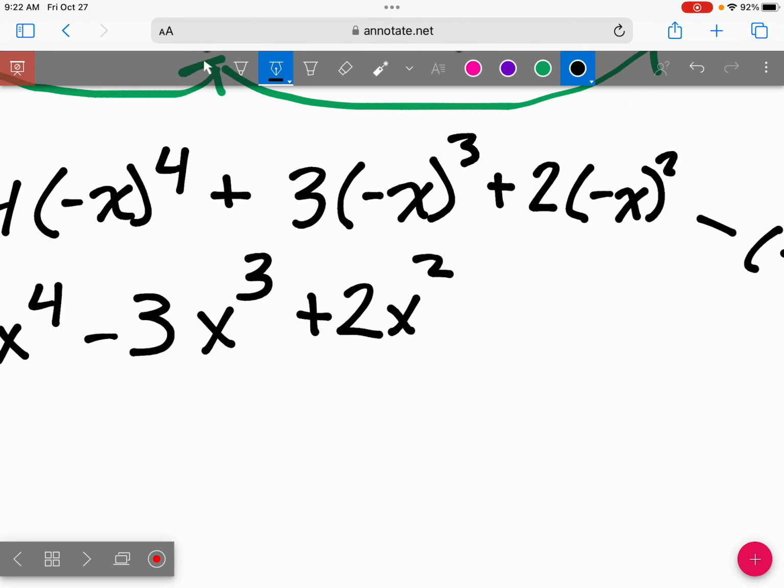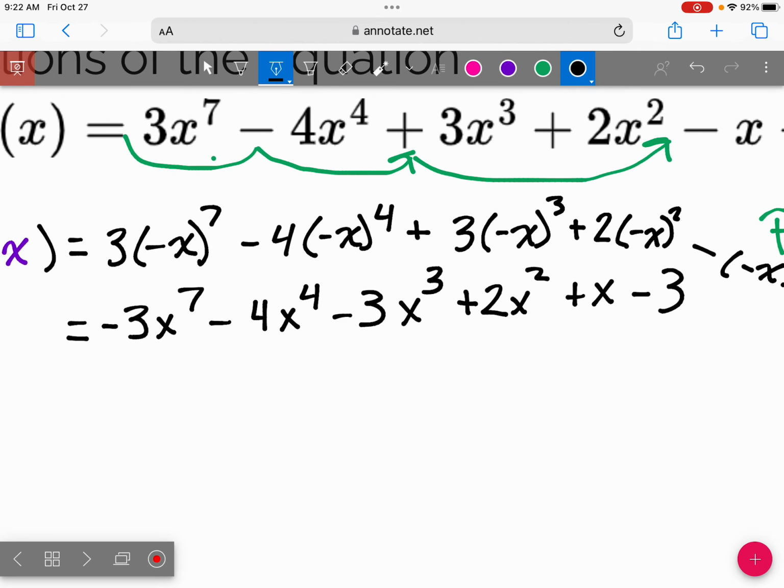Plus x. And then we have minus 3. So on our f of the opposite of x, how many sign changes do we have? 2. I've got this minus to plus, plus to minus.